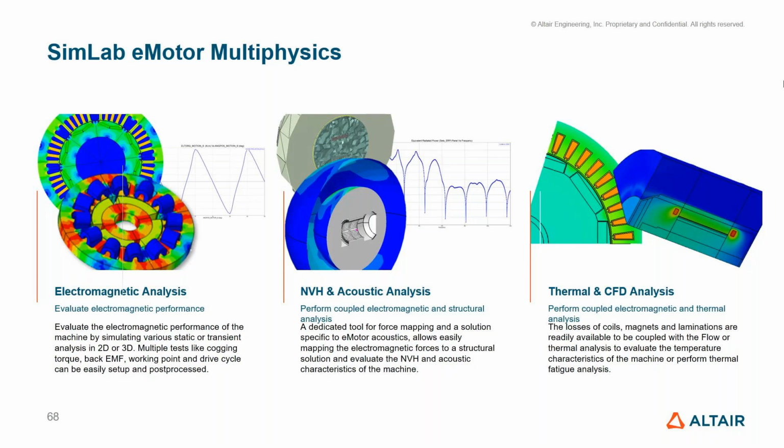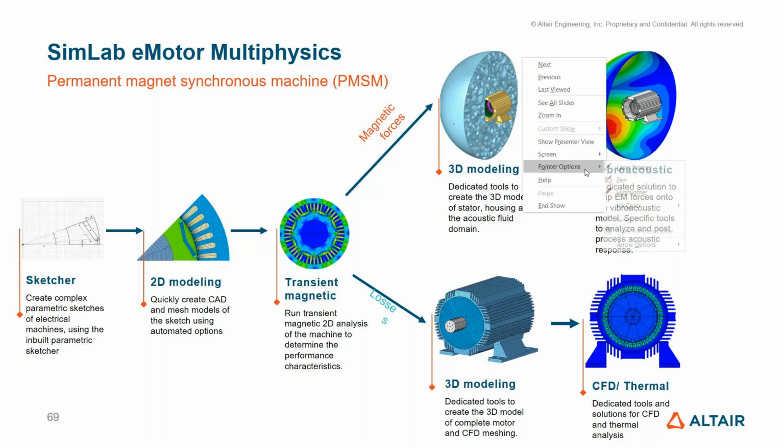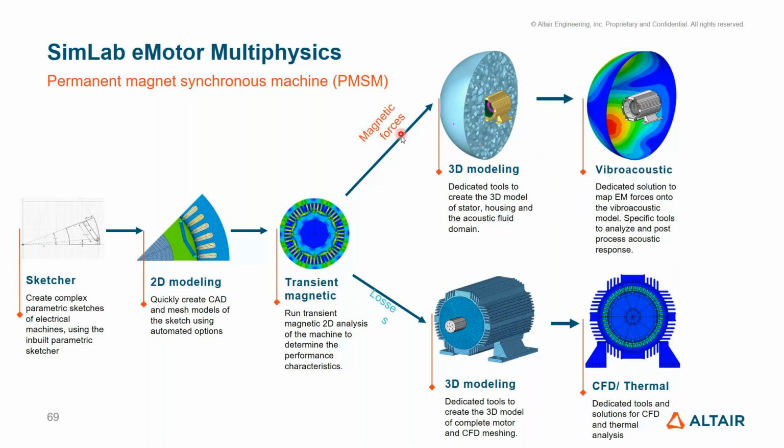In this schematic diagram, you can see first we are creating the sketch, then modeling it, and then performing the electromagnetic simulation. From the electromagnetic simulation, we are determining the electromagnetic force. From the electromagnetic force, we are performing the vibroacoustic simulation, where we can determine the noise level generated by the motor.